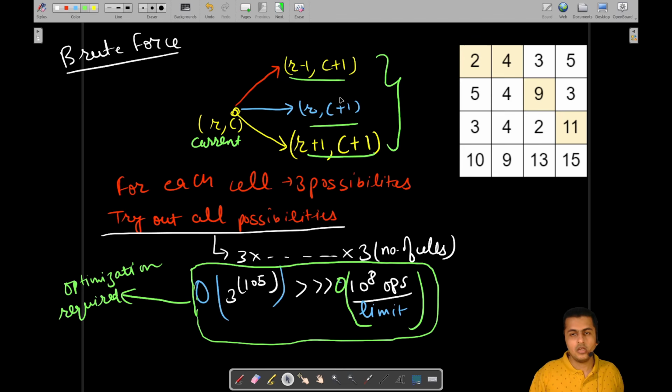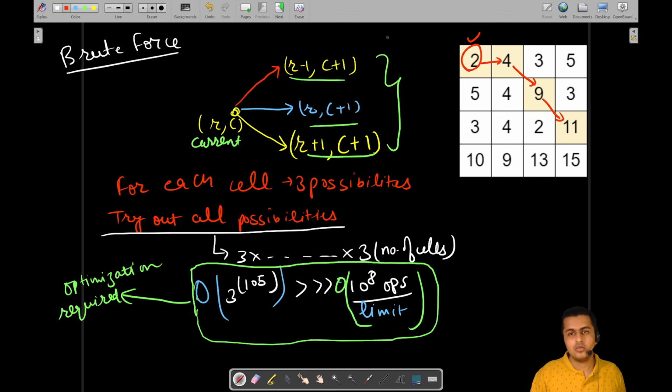Let's say that you started out from this particular cell and you made the first move, then the second move, and then the third move. In all these moves, 2 is strictly less than 4, 4 is strictly less than 9, 9 is strictly less than 11, and in total 3 moves were made.